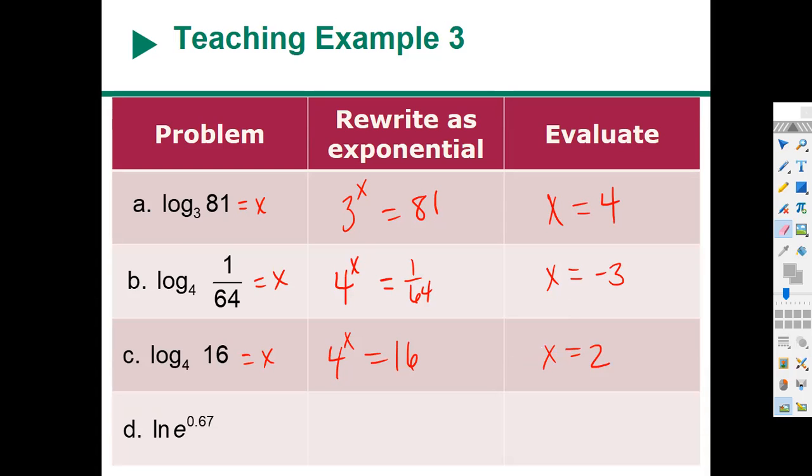All right, now this again is called an identity. Anytime you have the natural log of e, it's always whatever the answer is. So if I have this, rewriting it becomes 0.67.